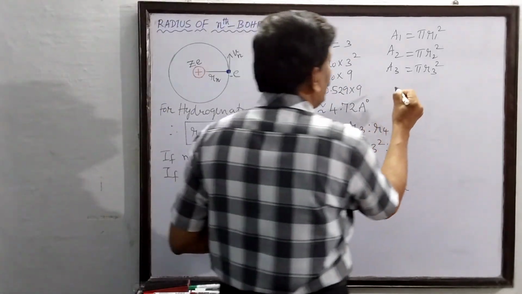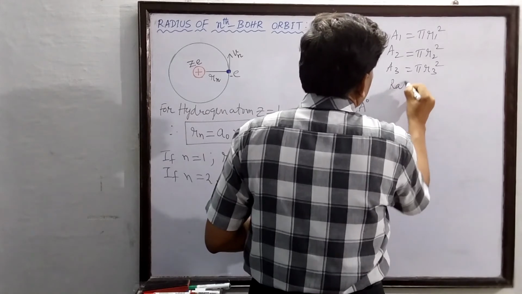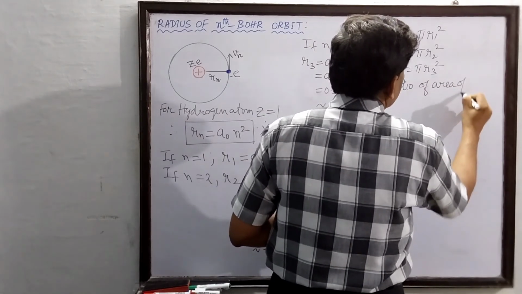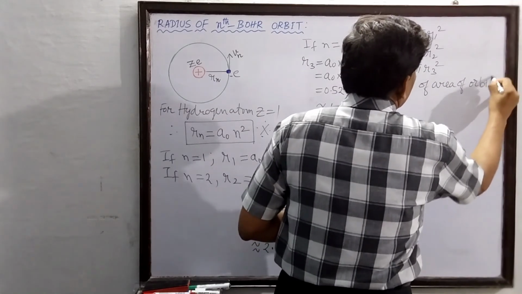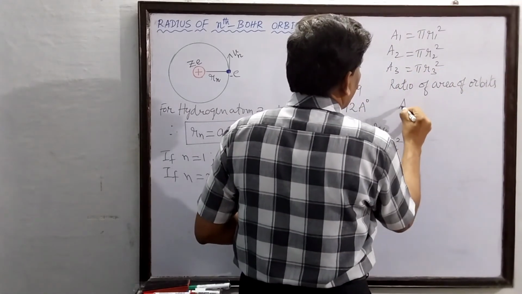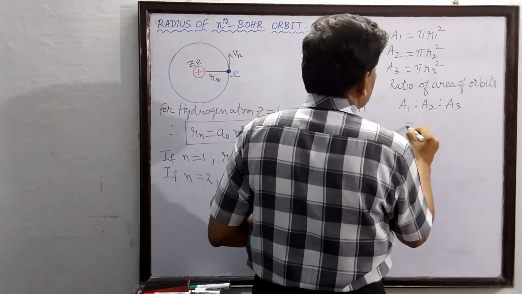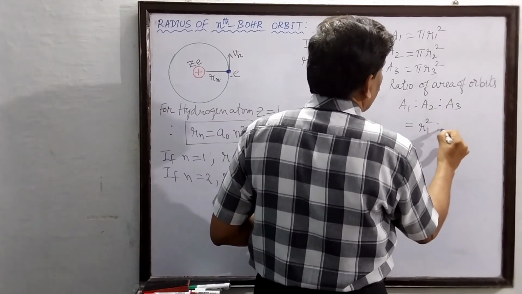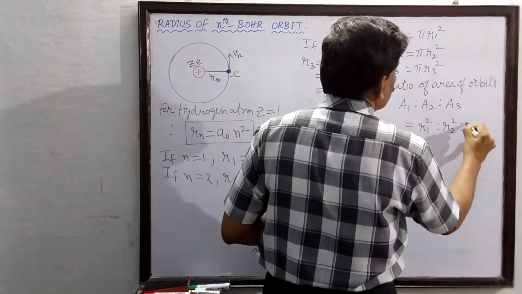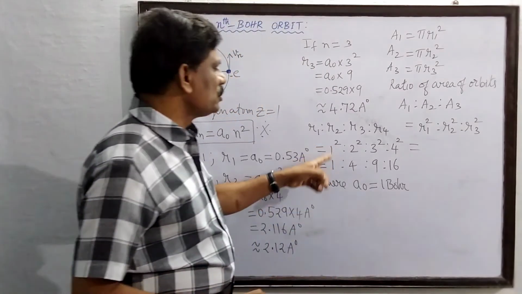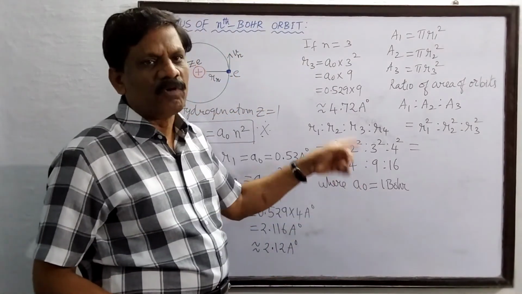The ratio of the area of the orbits, A1 is to A2 is to A3, is equal to R1 square is to R2 square is to R3 square. R1 is to R2 is to R3 is already 1 is to 4 is to 9.